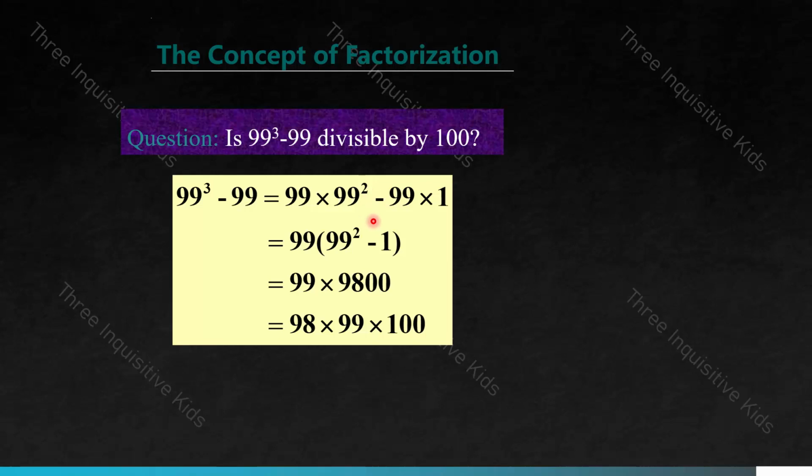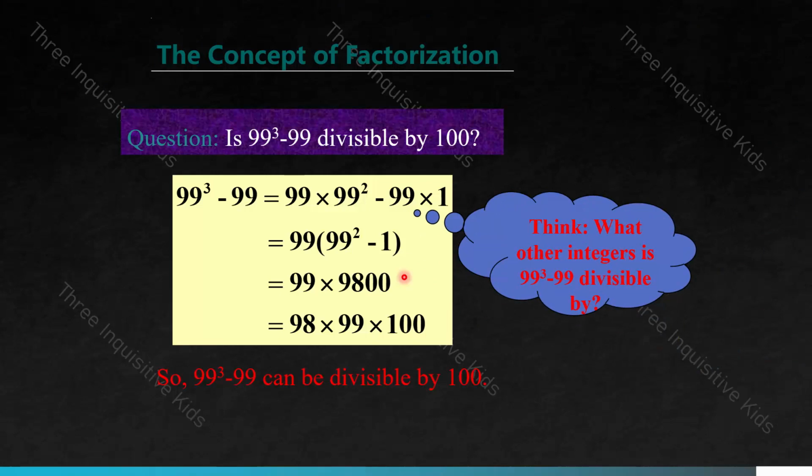Now factoring out that 99, which is its common factor, we have 99 times the difference between 99 squared and 1. And now using our squared difference formula, we have 99 times 9,800, which is equal to 98 times 99 times 100. So 99 raised to the third power minus 99 is divisible by 100.